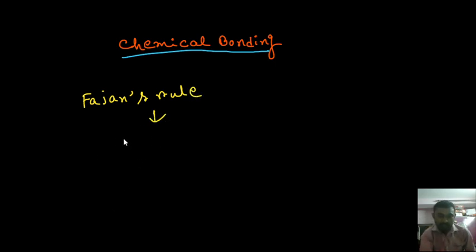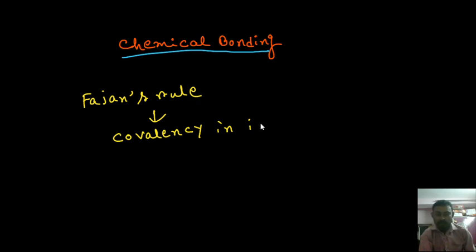How can we generate covalency in an ionic compound? An ionic compound is formed by a cation and an anion, joined by electrostatic or Coulombic interaction.